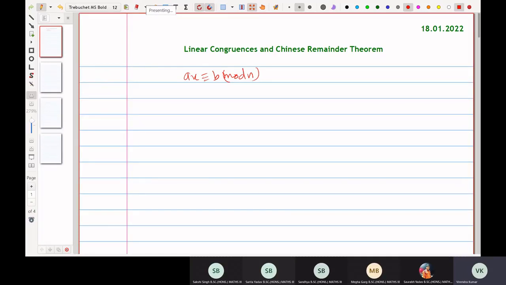These three questions were answered in the last class. But the last class was concerned with the solution of only one equation like this.